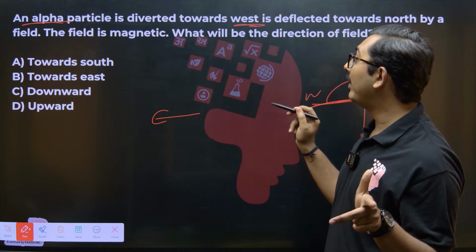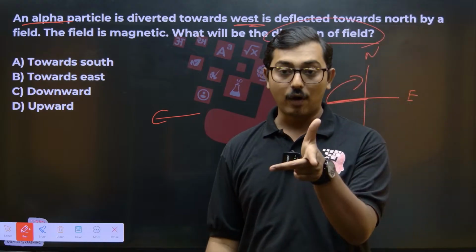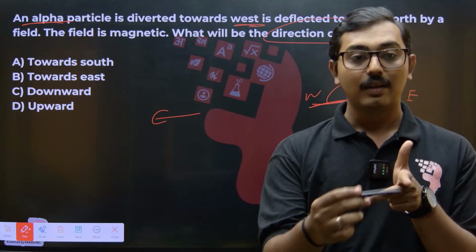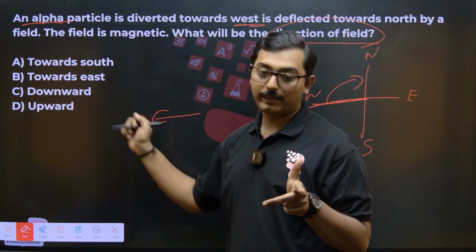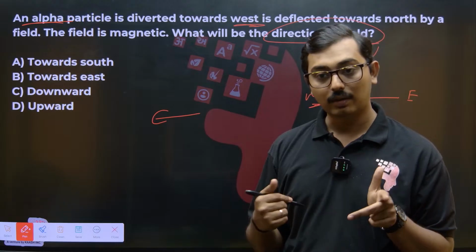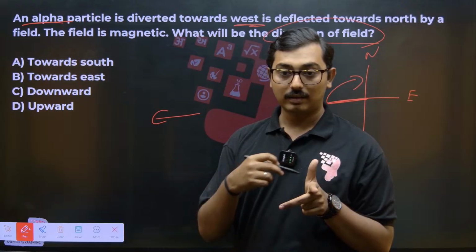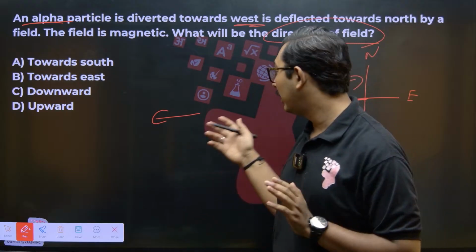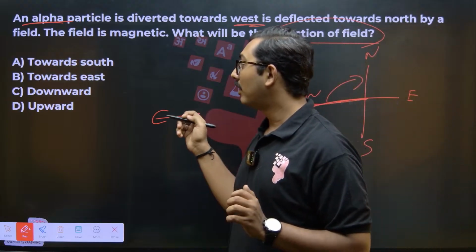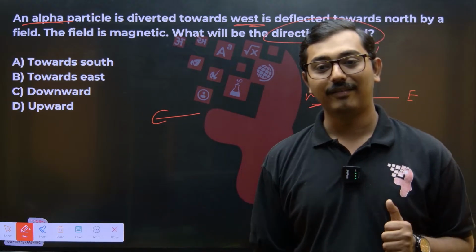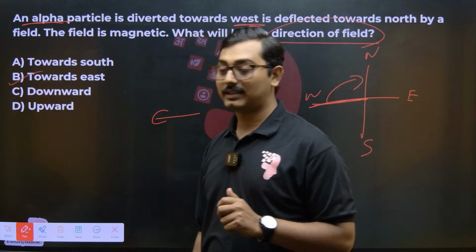Then they are asking what is the direction of the magnetic field? So from the left hand rule, what can you say? Is it upward? It is not upward, and it is not downward either. Consider this in three-dimensional form, then why would it be downward? It is not downward. It is option B, toward east.